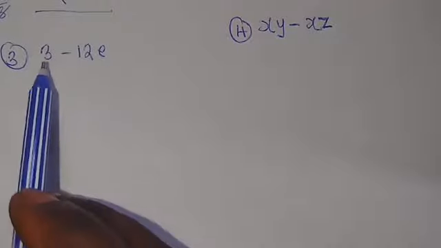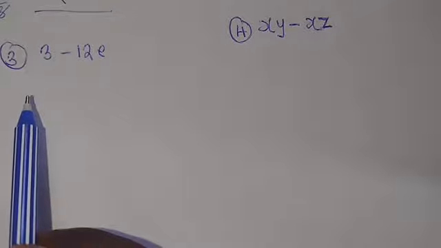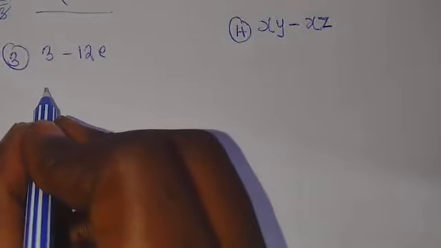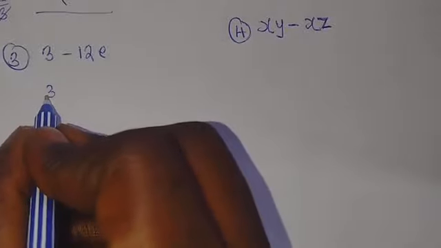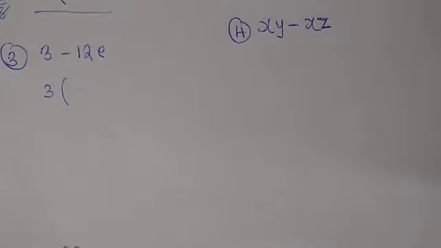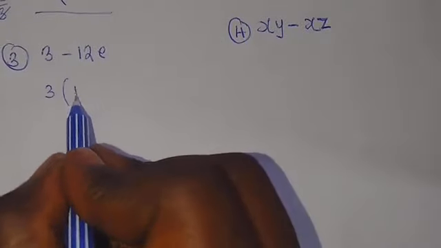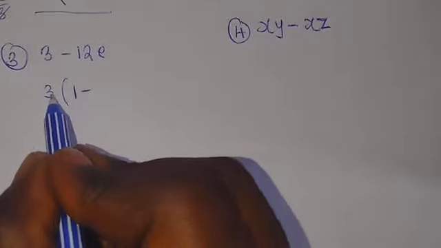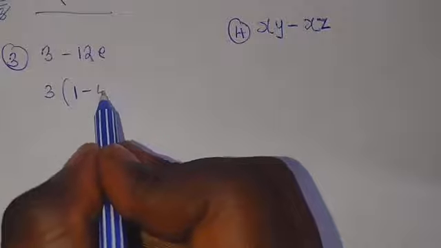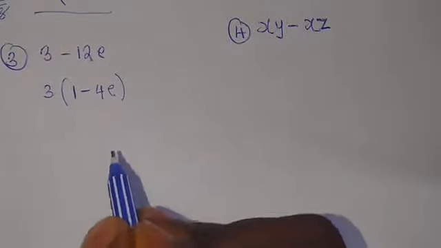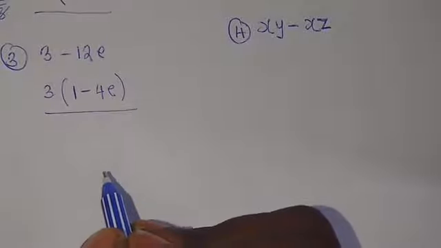It is the highest number that can go into 3 and 12, and that highest number is 3 itself. So you do this. Then we start dividing, where we say 3 into this 3, it's 1. Minus 3 into 12, because there are many times 4. Then you write this e right here. You close. So this is your answer.